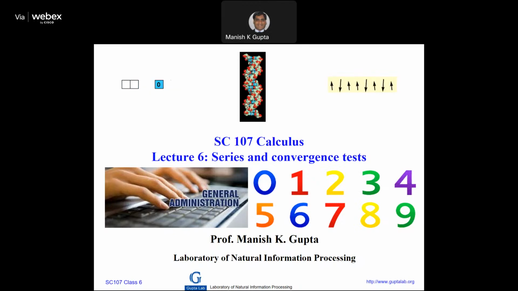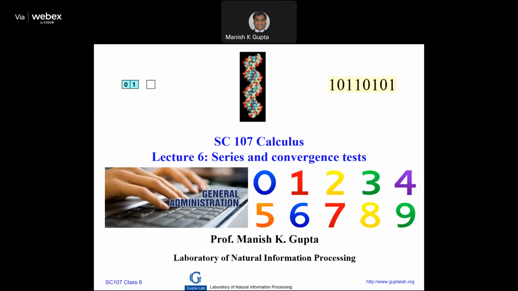When we talk about a series, we mean sigma, say, 1 by n. This is a series: 1 plus 1 by 2 plus 1 by 3 plus 1 by 4, and so on up to infinity. There is a summation between the terms. If you put a summation sign between the terms of the sequence, you get a series. That is the key idea. Then we can talk about convergence of the series as well.